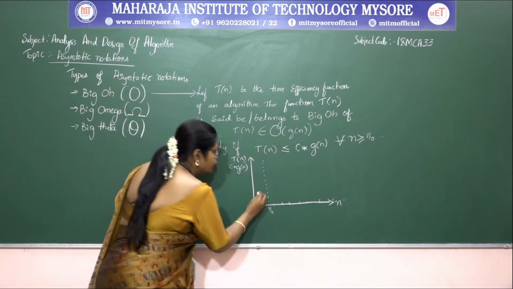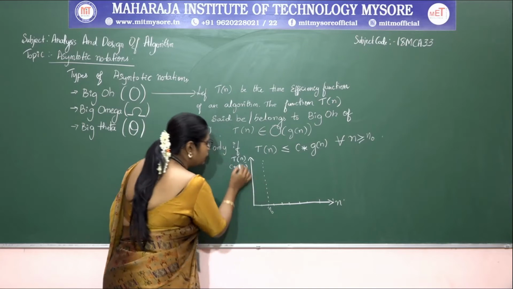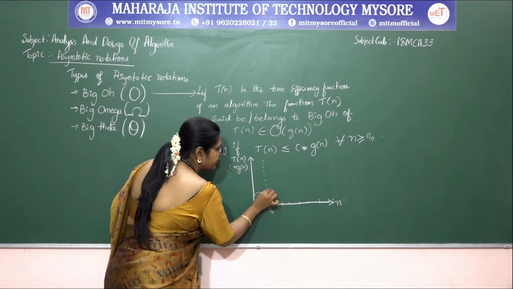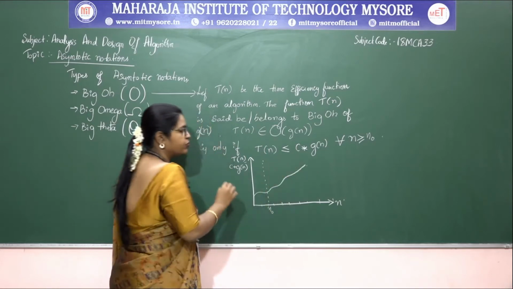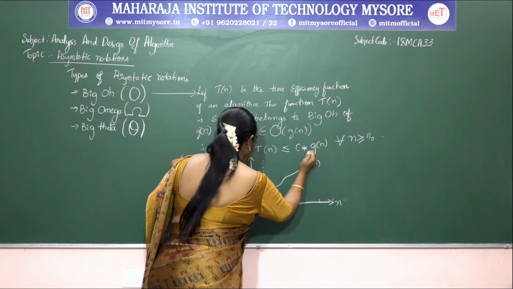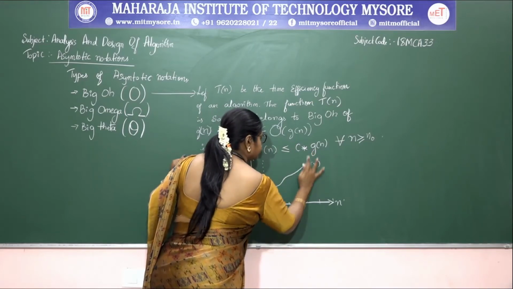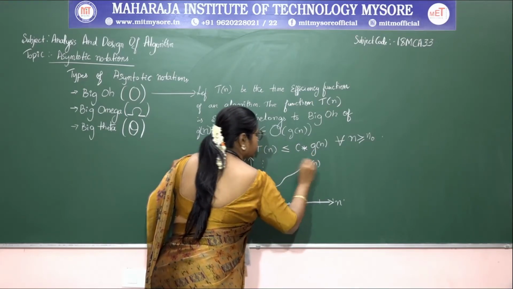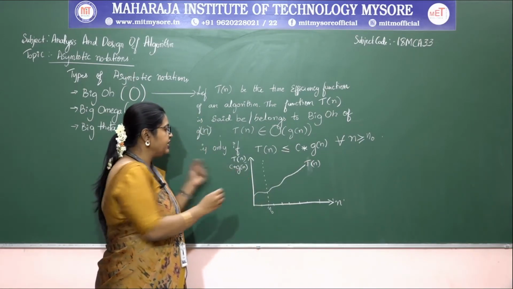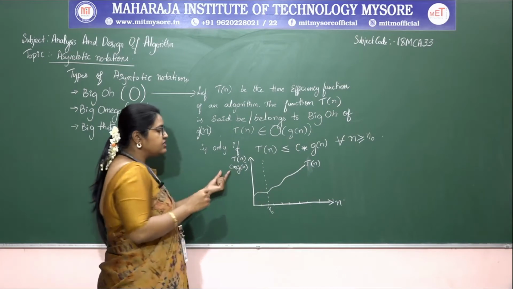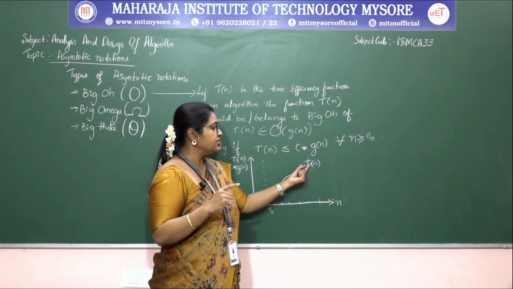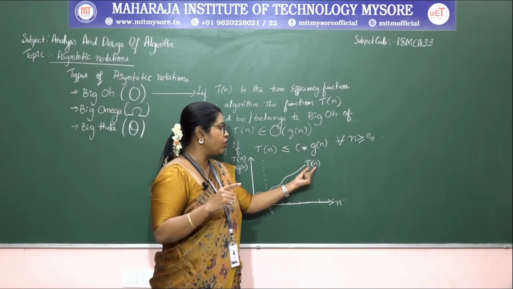So if I draw n versus your T of n, let me take this graph like this. This is your T of n curve. Now if I want to draw the c into g of n, this c into g of n should be greater than this T of n. Why?